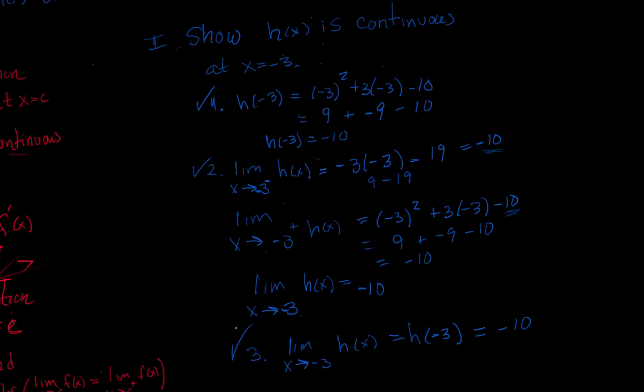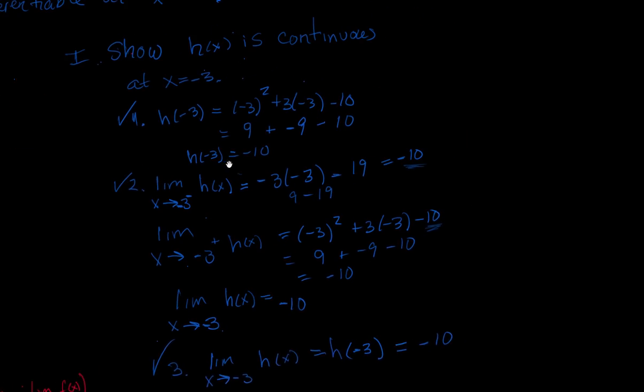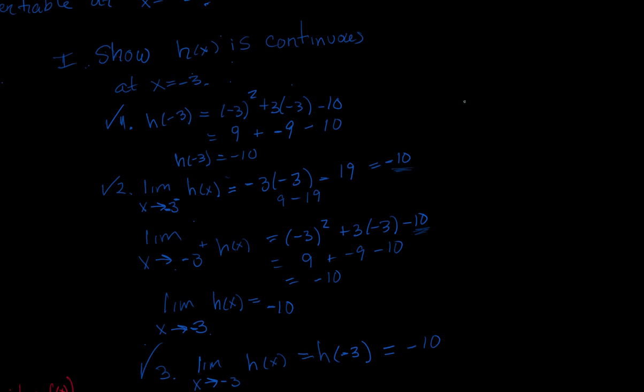Having done those 3 steps, we have now shown that h of x is continuous at x equals -3.